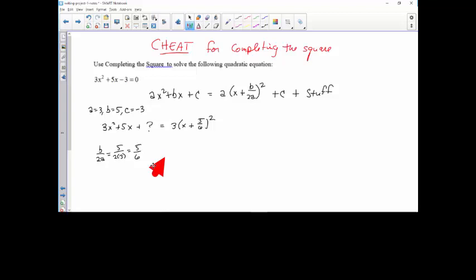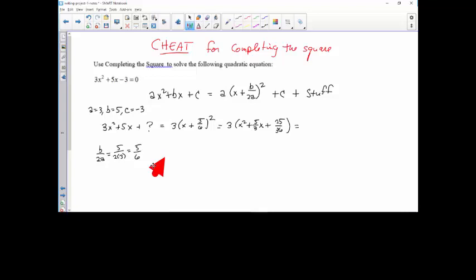And let's just see how it expands. So it's 3 times x squared plus 2 times 5/6 times x. That'll be 5/3 x. And you can FOIL this, but really you should know how to expand a square. And then plus 25 over 36, the 5/6 quantity squared.